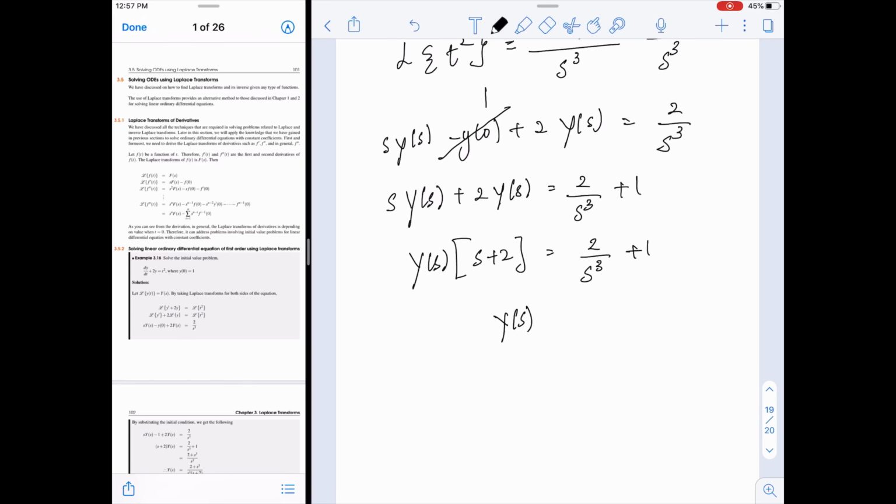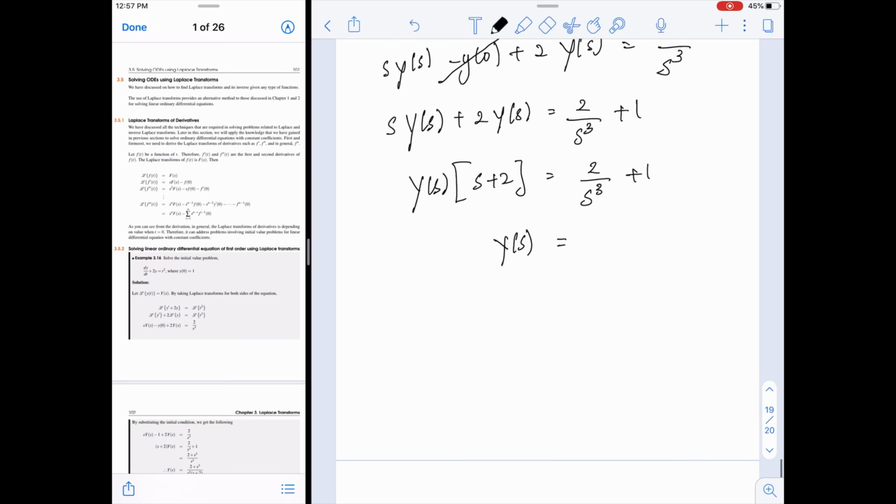Then just finding Y(s), bring the s plus 2 to the right hand side, so you will have 2 over s cubed times s plus 2, plus 1 over s plus 2. Alright, so you have done your first part.